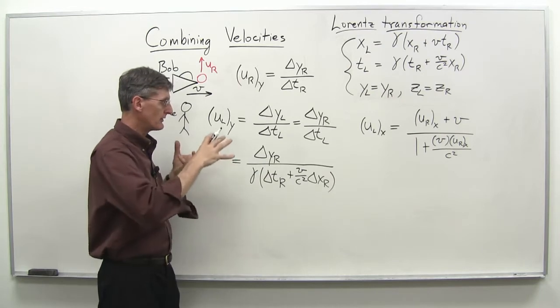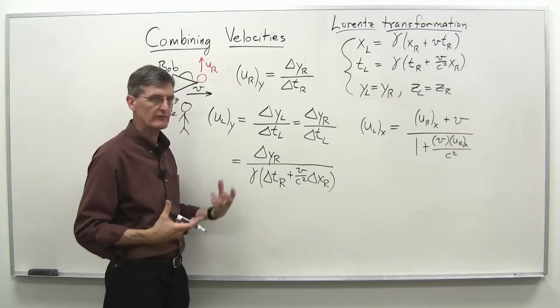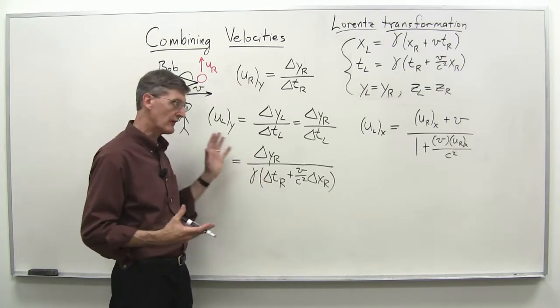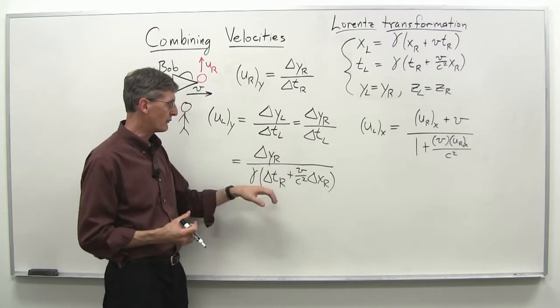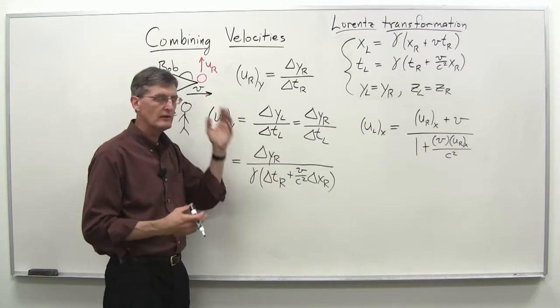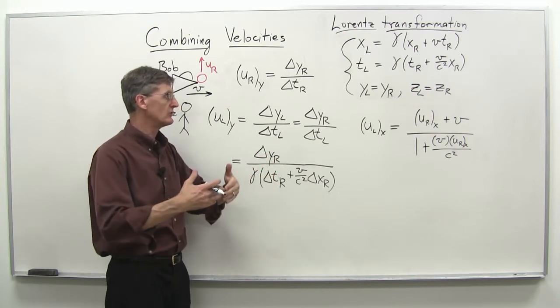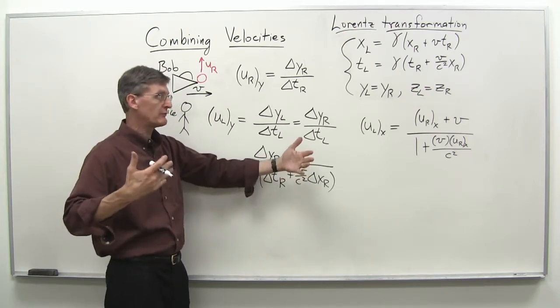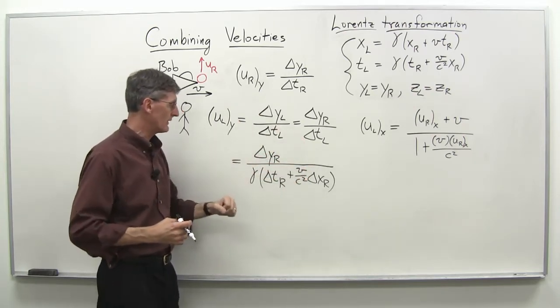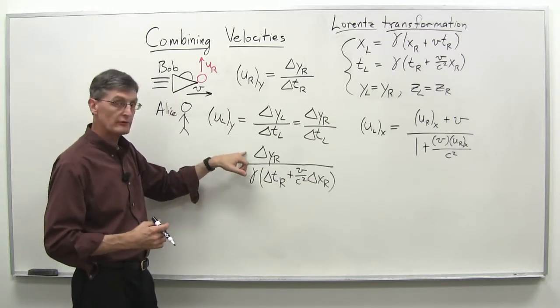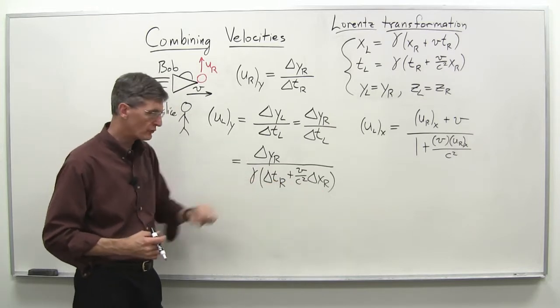And we're assuming everything is constant velocity here. For those of you who've had some physics, you say, well, what if it's accelerating? Well, we're not dealing with that case here. And therefore, we can define velocity as simply the direction covered divided by the elapsed time. So delta y sub r over this quantity here.